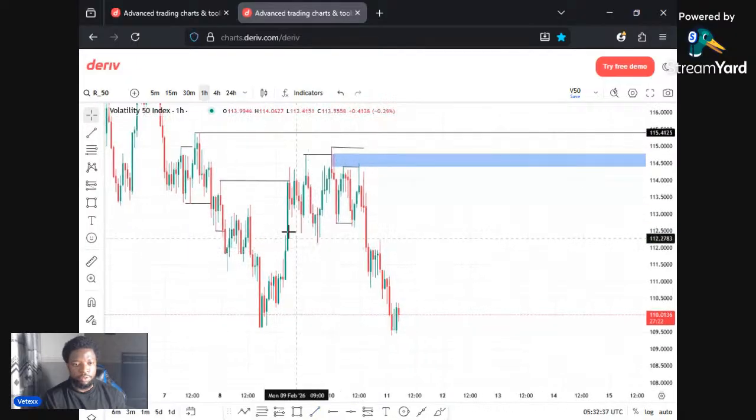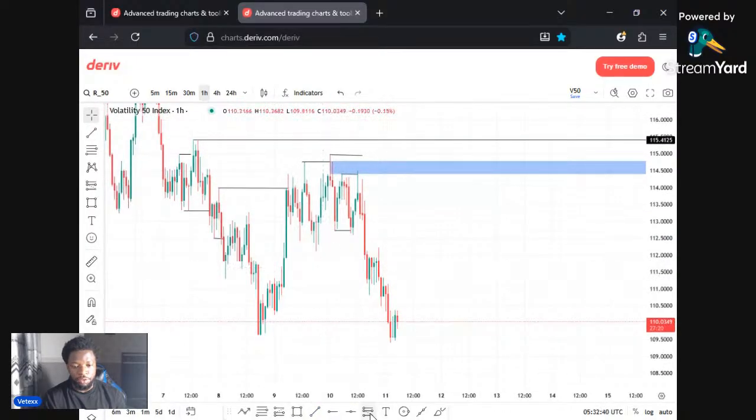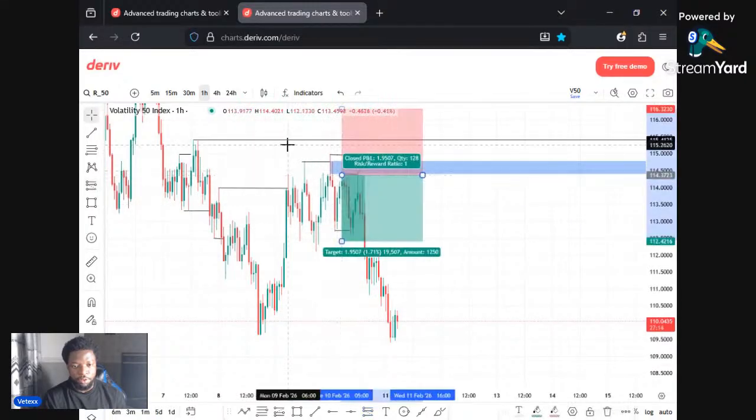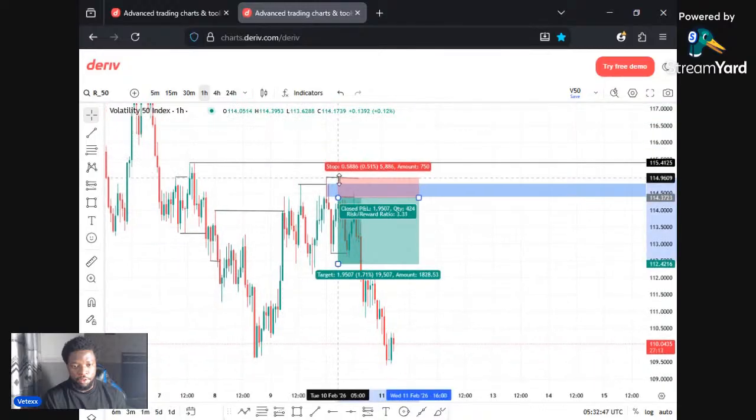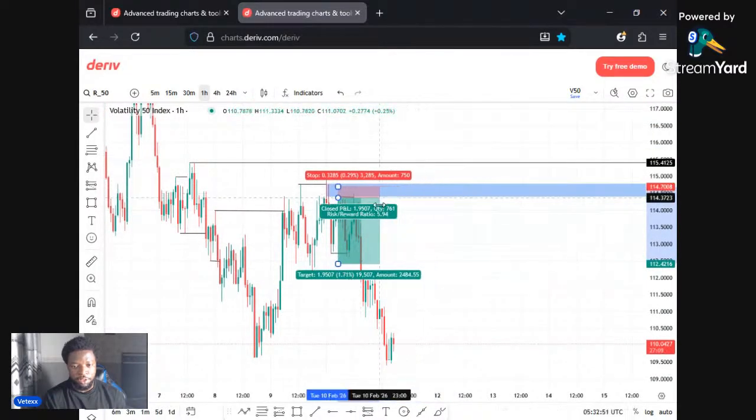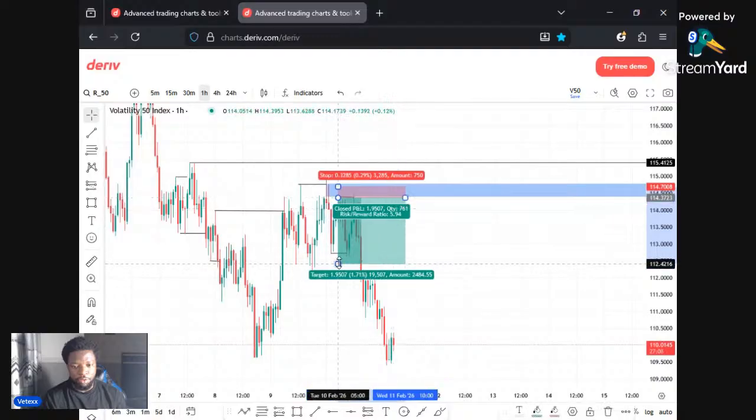And what did price do? Price tapped into the zone and then sold off. This is it. Easy peasy. Our stop loss was somewhere around here. And then price sold off.